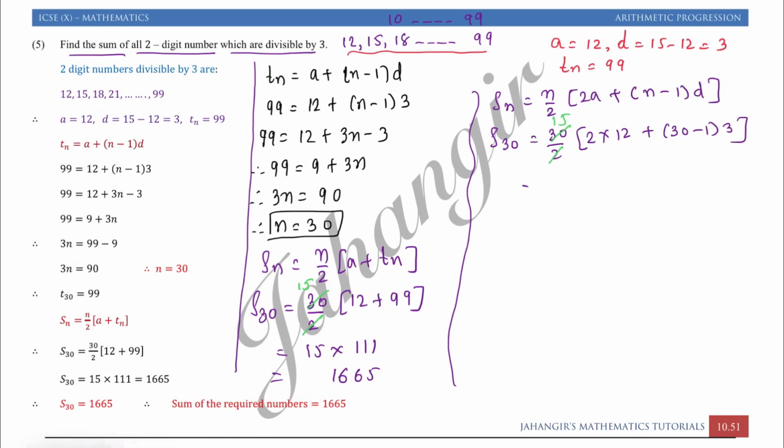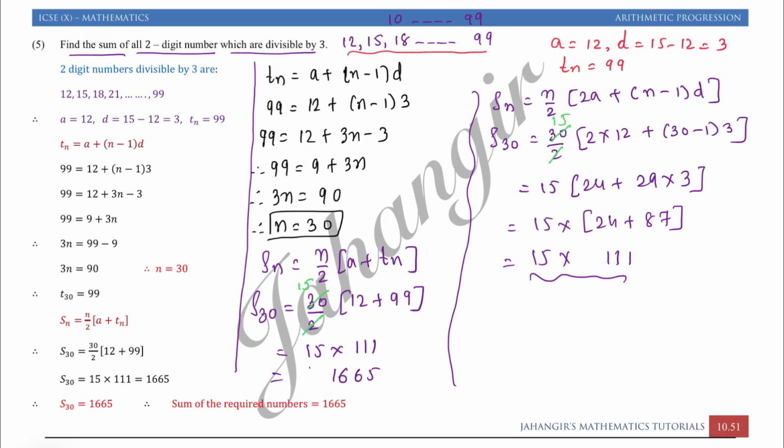So I will get 15 in brackets: 12 twos are 24 plus 29 into 3. So that is 15 into (24 plus 87). So that is 15 into 111. See, calculation-wise you got the same result, but after many steps.